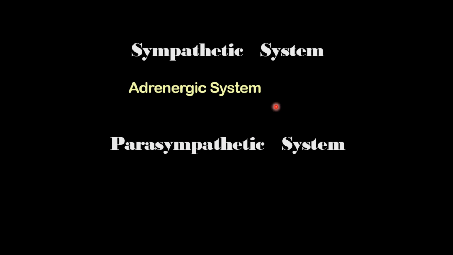The neurotransmitters of the sympathetic neuron are epinephrine and norepinephrine, that is, adrenaline and noradrenaline. So we call the sympathetic system the adrenergic system, while the parasympathetic system's neurotransmitter is acetylcholine, so we call the parasympathetic system the cholinergic system.